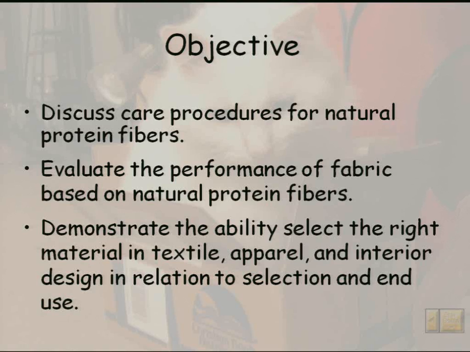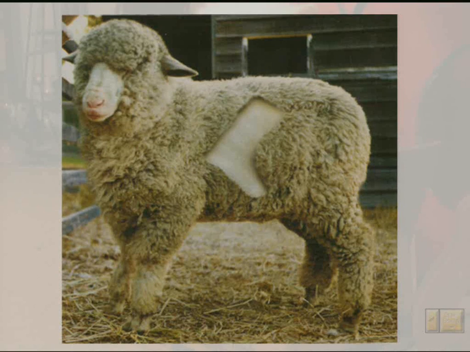The next thing I want you to remember is the pictures, so that every time you think of protein fiber, you will remember these pictures. Okay, this is Bob. Bob is a lamb, a sheep. This is what we do with natural protein fiber.